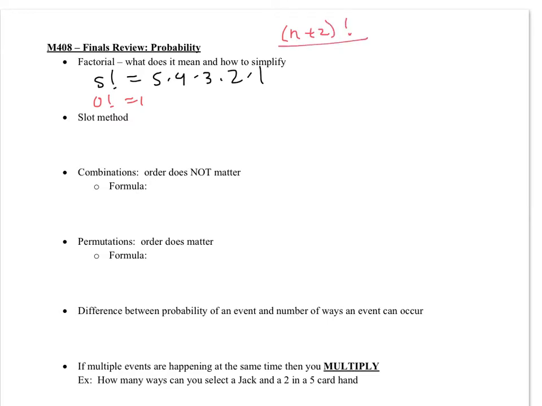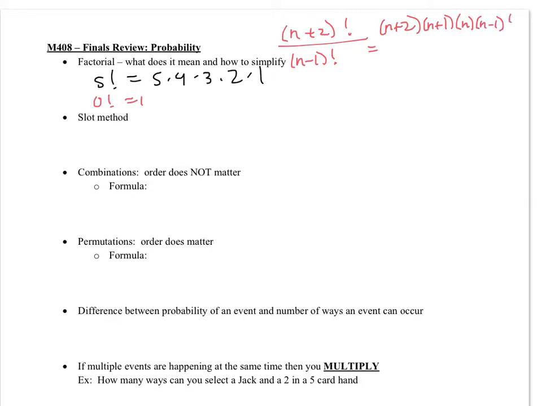So for example, if I were to give you (n plus 2) factorial over (n minus 1) factorial, what we would do to break this down is we would start with whichever one is bigger. And in this case, n plus 2 is bigger than n minus 1. So I would start rewriting the larger one in terms of the smaller one. I would say n plus 2, n plus 1, and I would just keep on decreasing by 1 until I get a match.